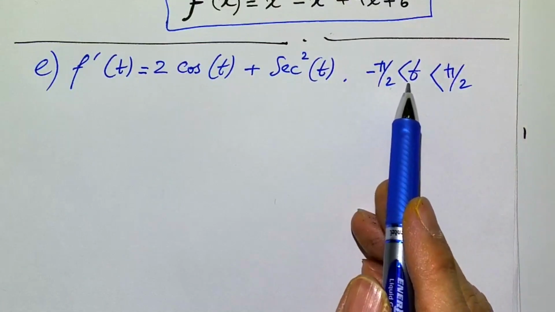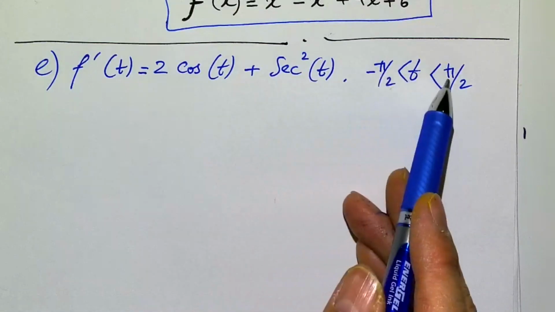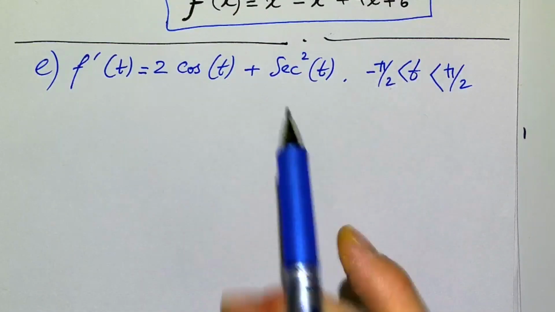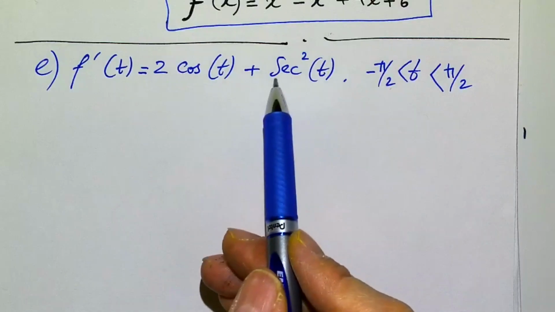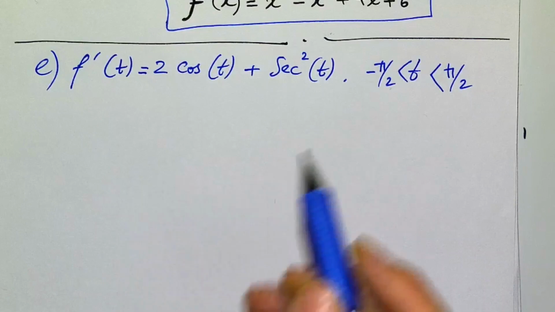And that's obvious, right? We can't have t equaling pi over 2 or minus pi over 2 because this function will be undefined. The secant function would be undefined.